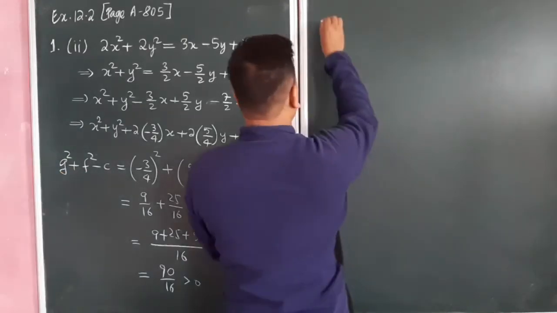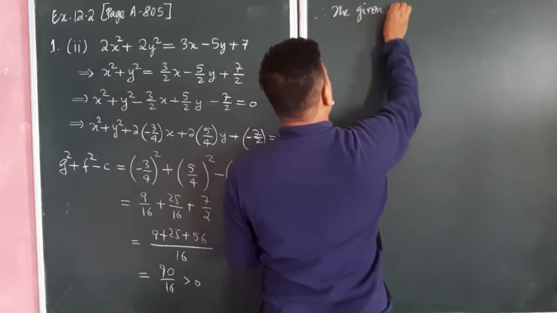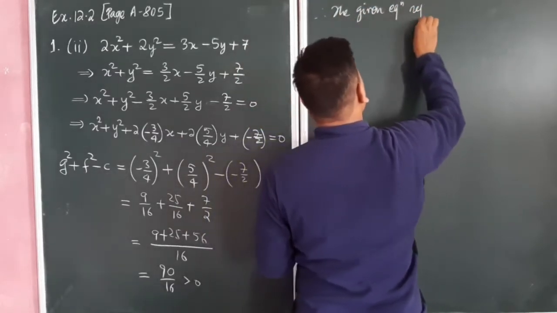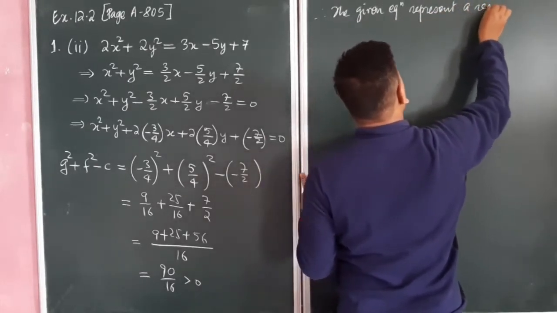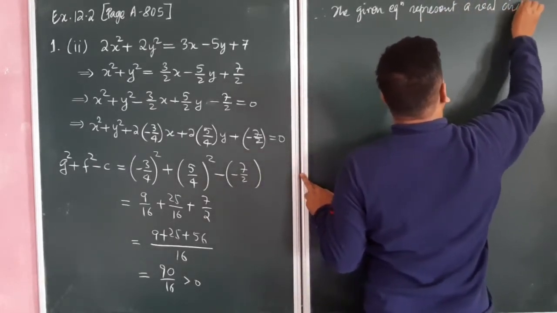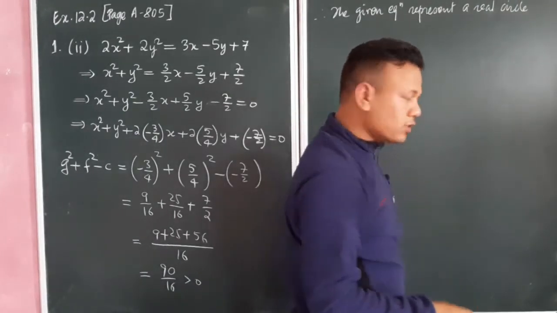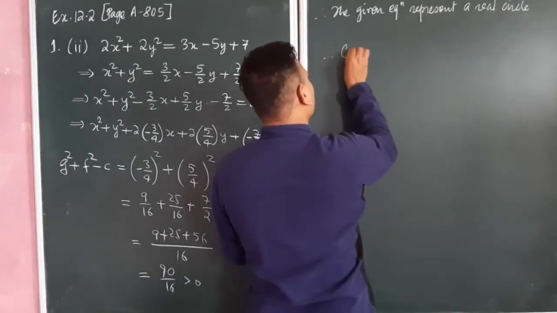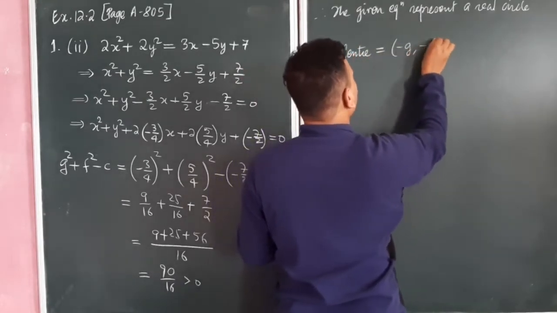Therefore the given equation represents a real circle. Now if it is a real circle, then we are asked to find the center. So the center will be minus g comma minus f.